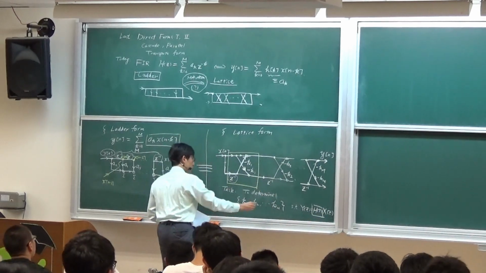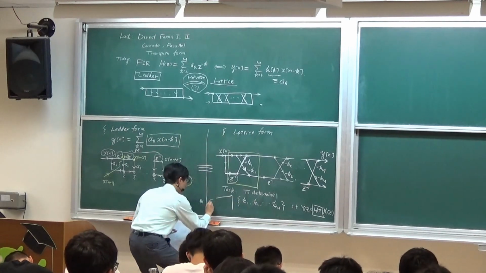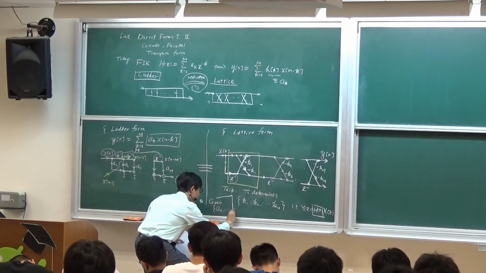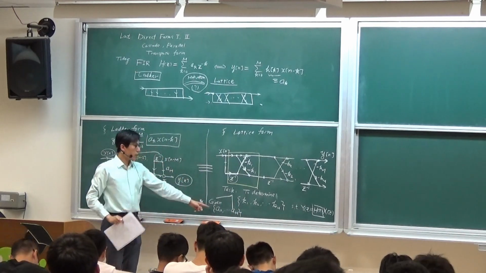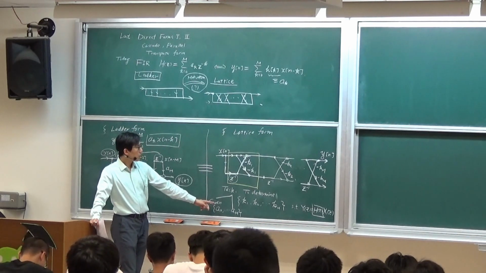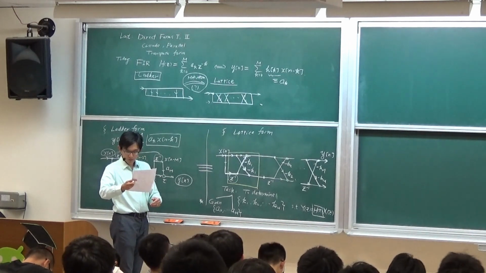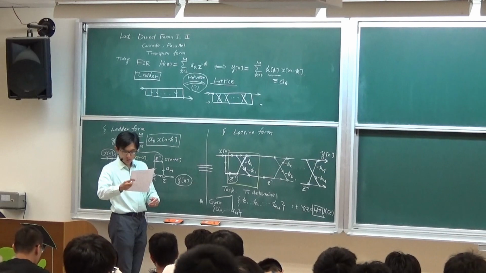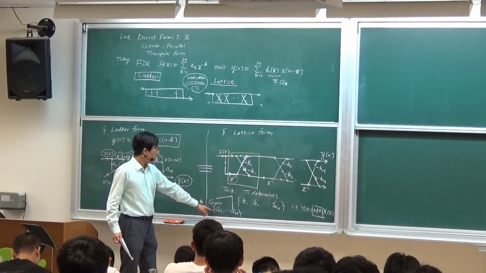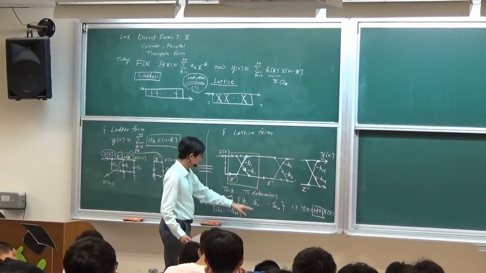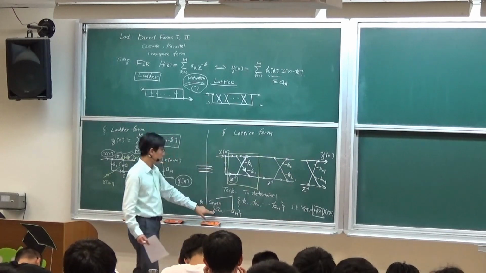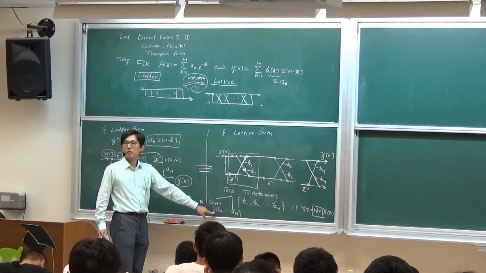Or should I say, the task is, given h of z, or given a0 to am, the FIR impulse response, how do we determine the lattice coefficients, such that the overall impulse response is as described by the a coefficients?